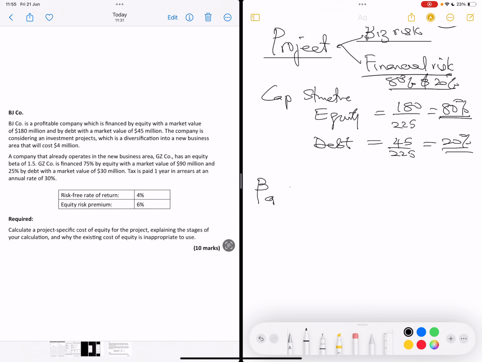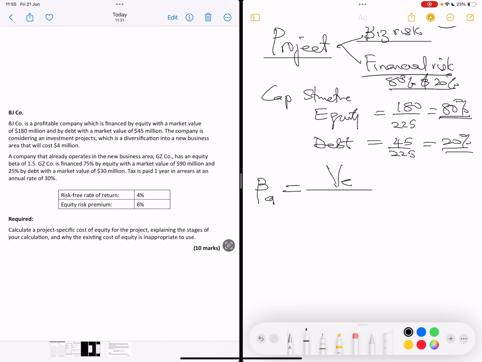This formula says that the asset beta, which is the beta without financial structure, beta without gearing, beta without financial risk, is equal to volume of equity over volume of equity plus volume of debt into bracket 1 minus t, then multiplied by equity beta. Very important to know this formula, please. Very, very important. It's a simple formula. I always tell my students, once you practice a lot of these questions, you will not have to memorize formulas.